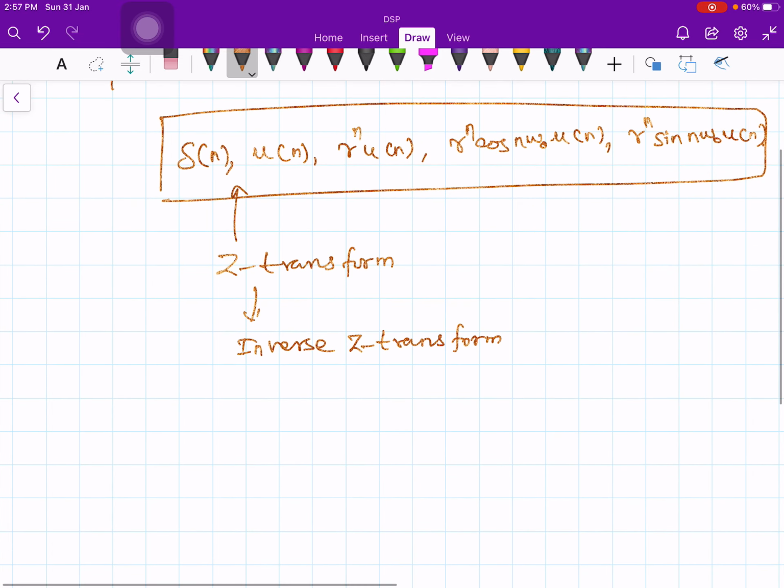So let me explain this partial fraction expansion method through an example.